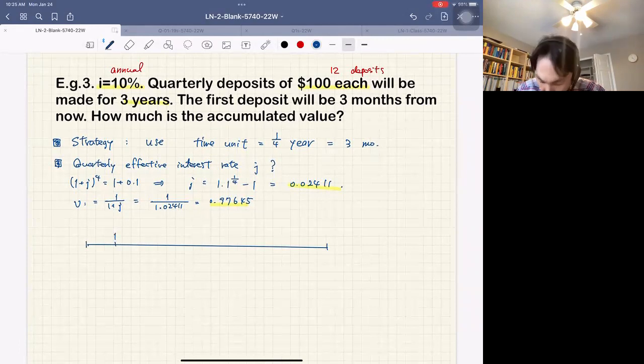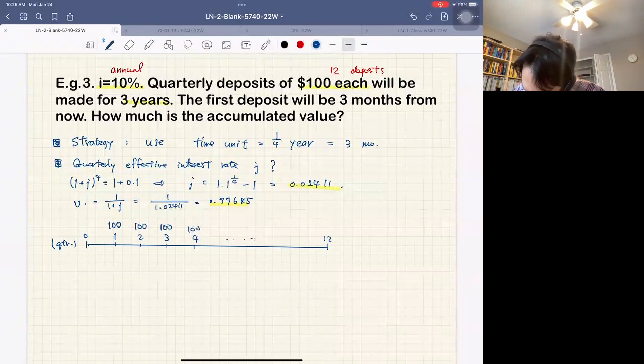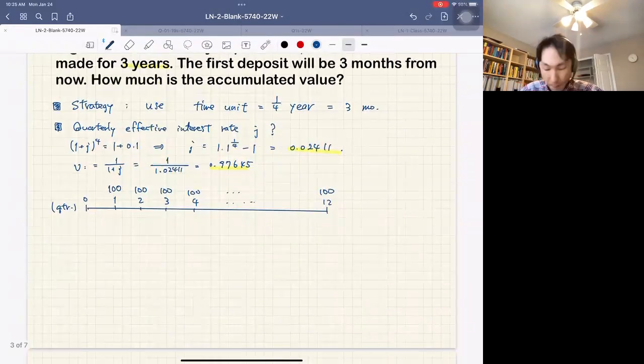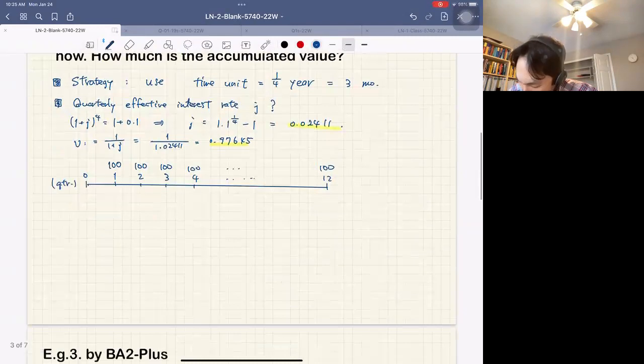So if we use the quarter as the time unit, we can say we have 12 payments, each a $100 deposit: 100, 100, 100, and so on. Now we want to calculate the accumulated value, which is here at time 12.